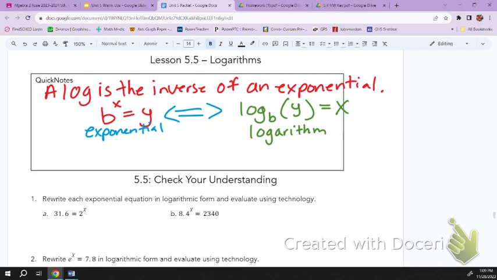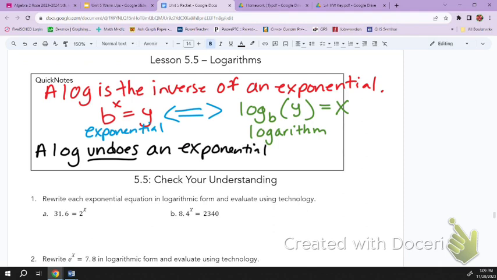A note when we're talking about inverses, a log undoes an exponential with the same base.